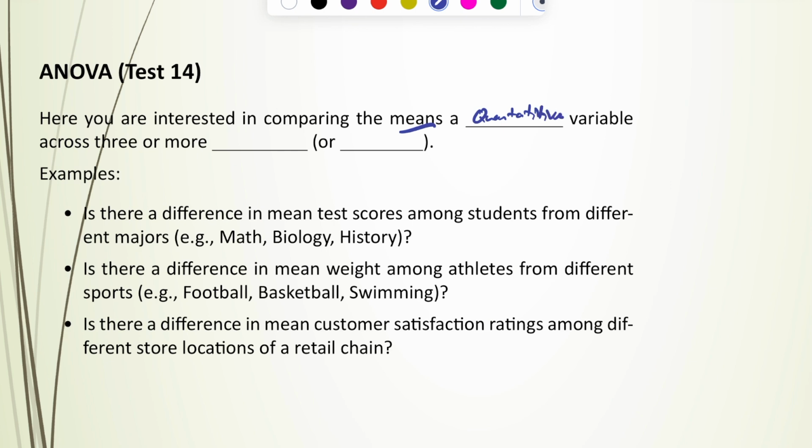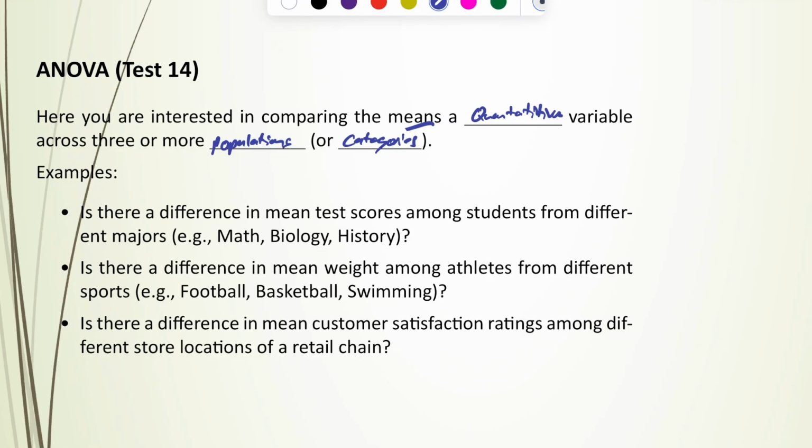Or you could even think of this as categories of the same population. So here's an example. Is there a difference in the mean test scores among students from different majors? Math, biology, history, all those different majors. You could see if there's a statistically significant difference in their mean.